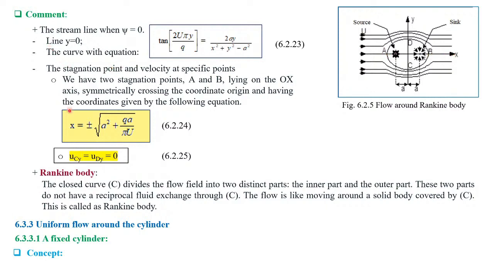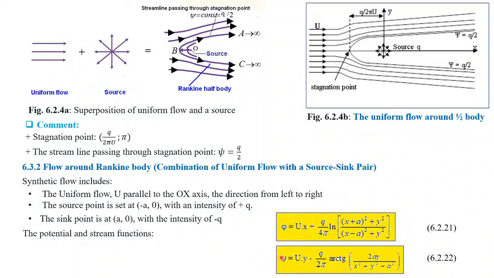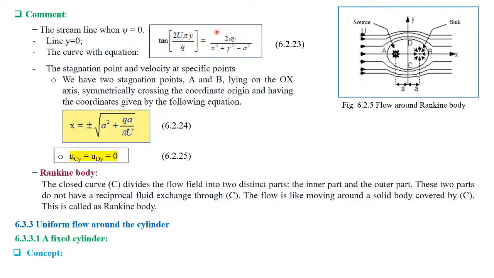And the second case: if you put this term equal to 0 and solve this equation, we get this one, which is the equation for the streamline when psi is 0.